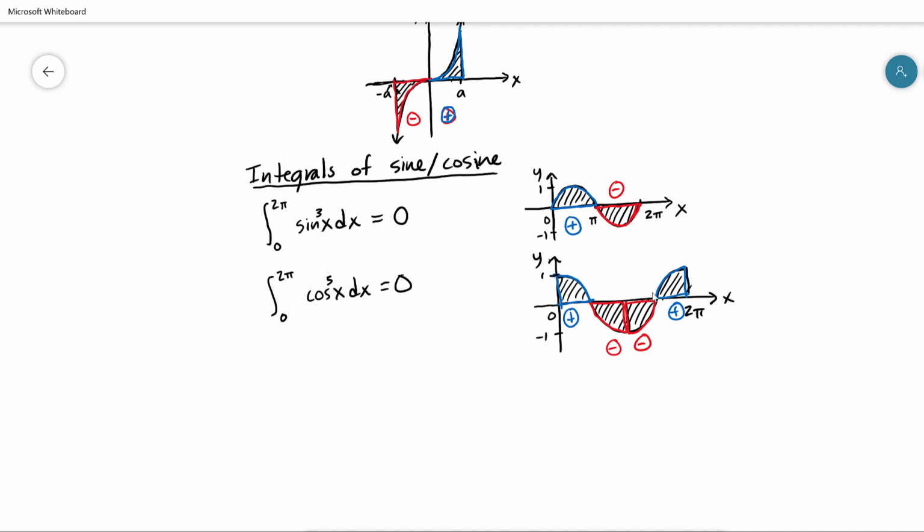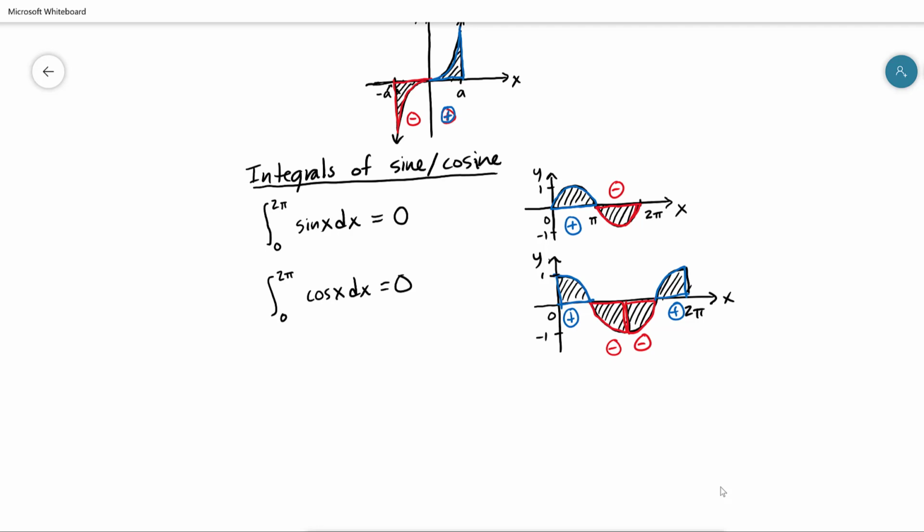However, hopefully it's easy to anticipate. If I were to put something like a square here, that is not going to be the case anymore. Putting a square there, positives will stay positive, but the negatives will also become positive when you square something. So that doesn't work for even powers.